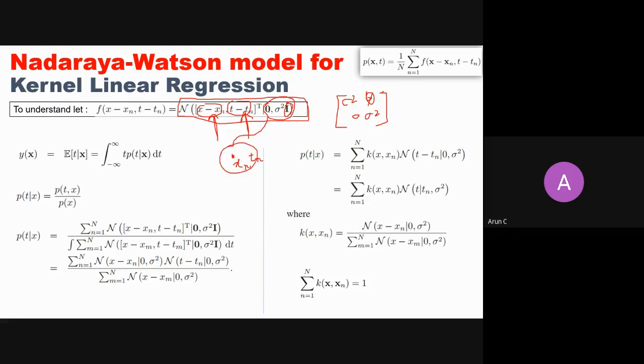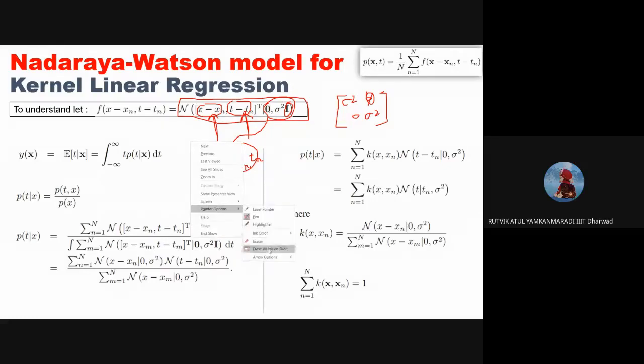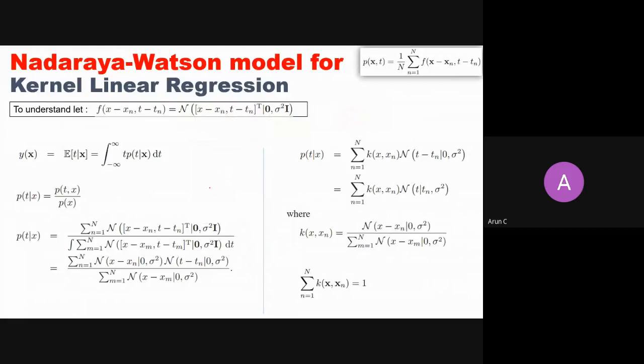Now it is a distribution where the mean is xn comma tn, and the variance around it is given by sigma square I. Fine. Any question on this? No, sir. Very nice. I have taken a specifically concrete example so that you can visualize it properly. So this is my component density.